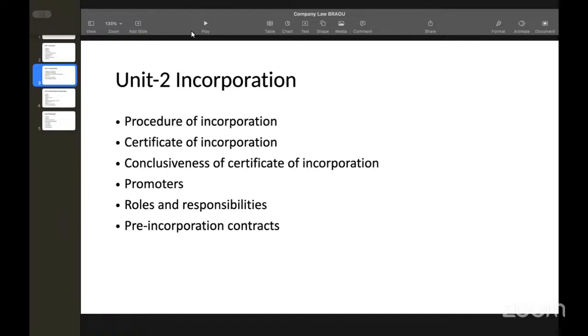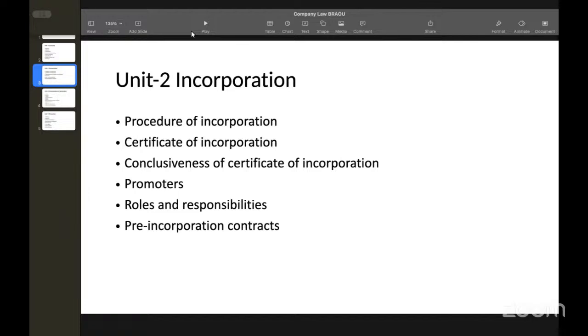The conclusion for Unit 2, that is incorporation, is the incorporation of a company is a meticulous process involving several legal and procedural steps. Promoters play a vital role in this phase, ensuring compliance and laying the groundwork for the company's operations.